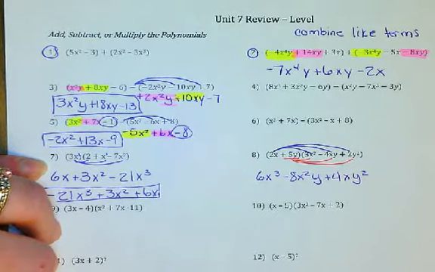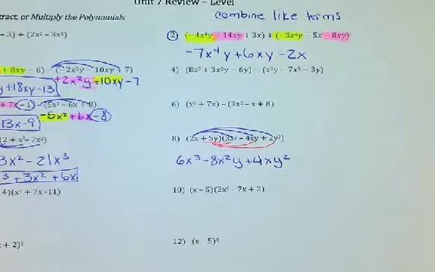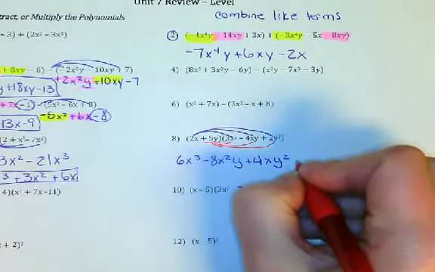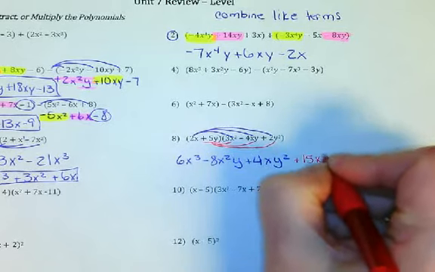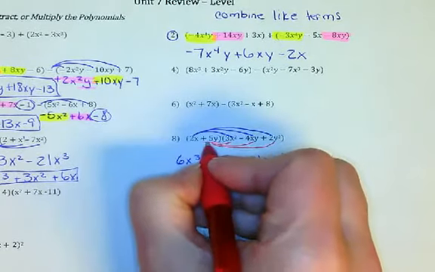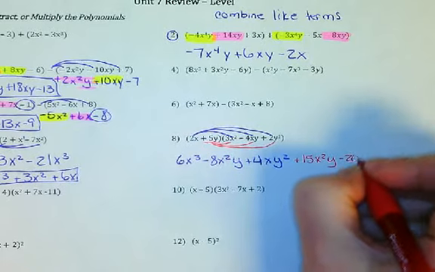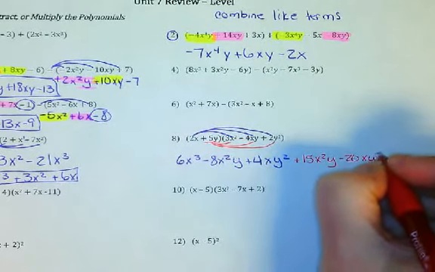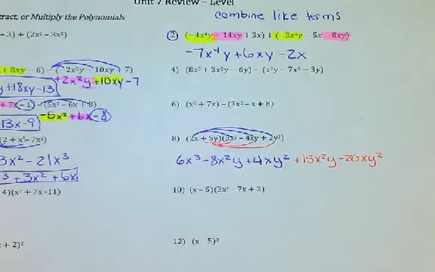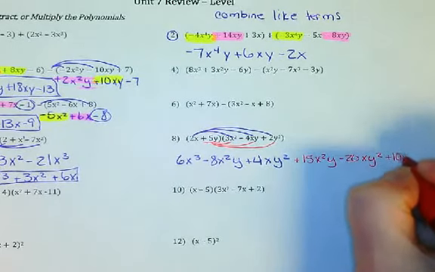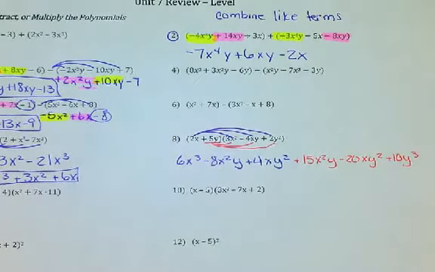Alright, now, for the 5y, 5y times 3x squared would give me 15x squared y. 5y times negative 4xy would give me negative 20xy squared. And then 5y times 2y squared would give me 10y cubed.